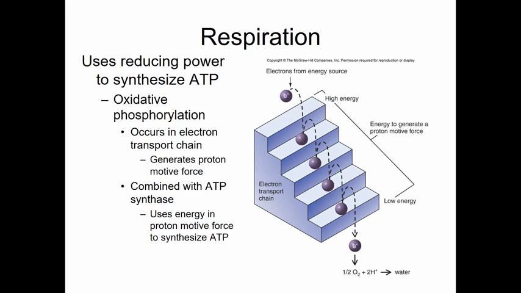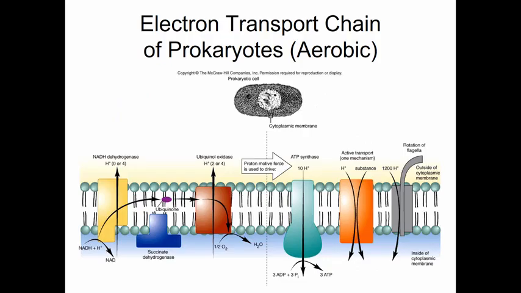Every one of those NADH and FADH2 molecules are coming here to do oxidative phosphorylation and make ATP. Those electrons represent energy, and as we move the electrons, we're going to generate what's called a proton motive force, to ultimately help us make ATP.